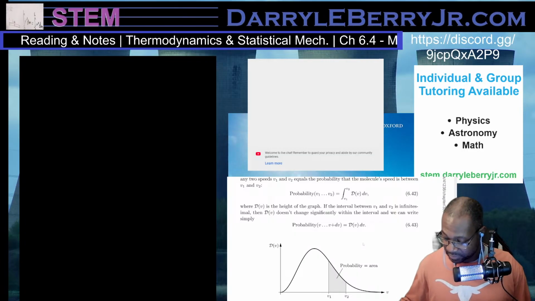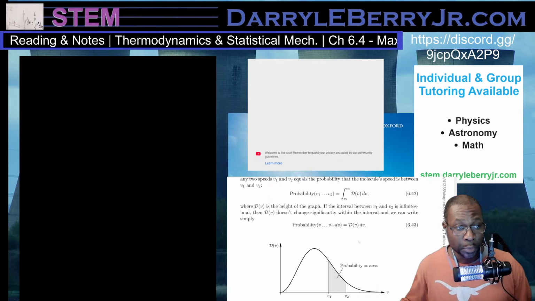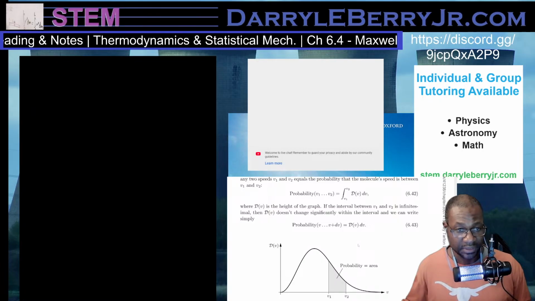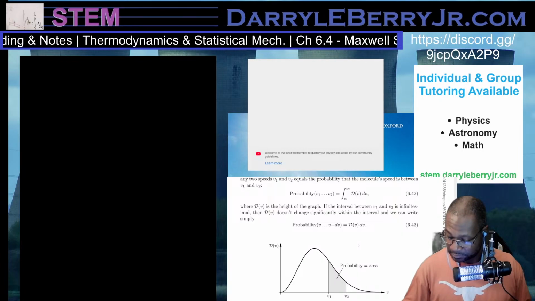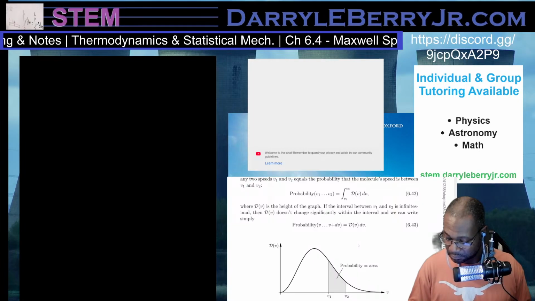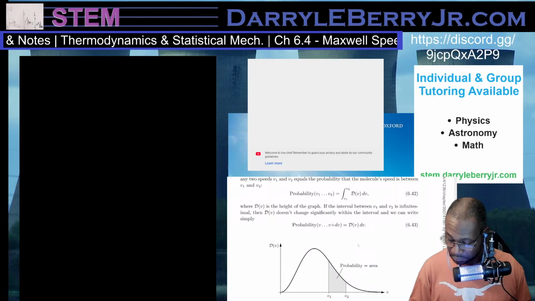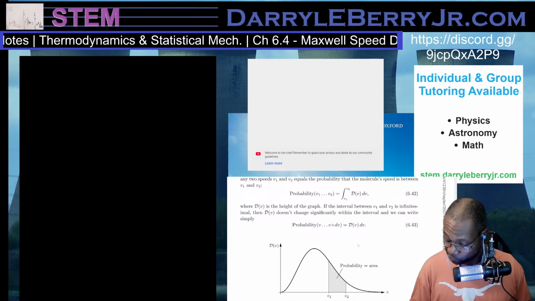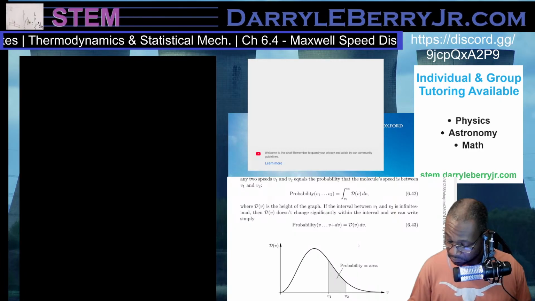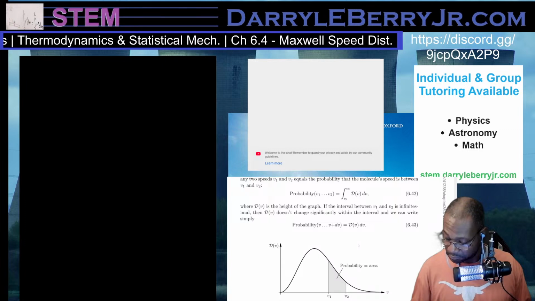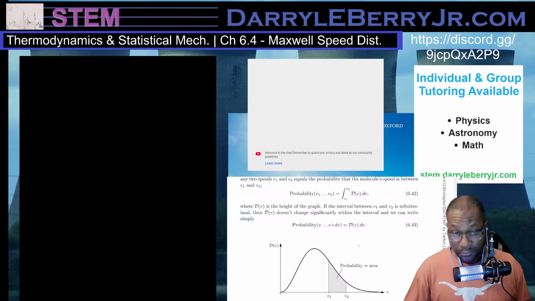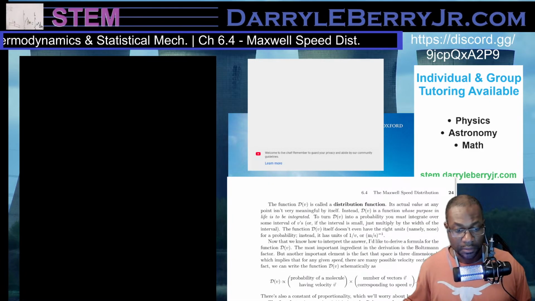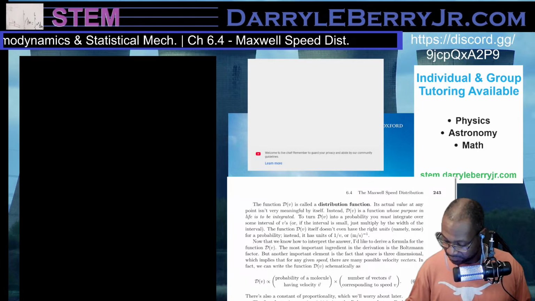D(v) is the height of the graph. That's an odd thing to call the height of the graph. If the interval between v1 and v2 is infinitesimal, then D(v) doesn't change significantly within the interval, and we can write simply, the function D(v) is called the distribution function. Okay, now they're explaining what D(v) is.